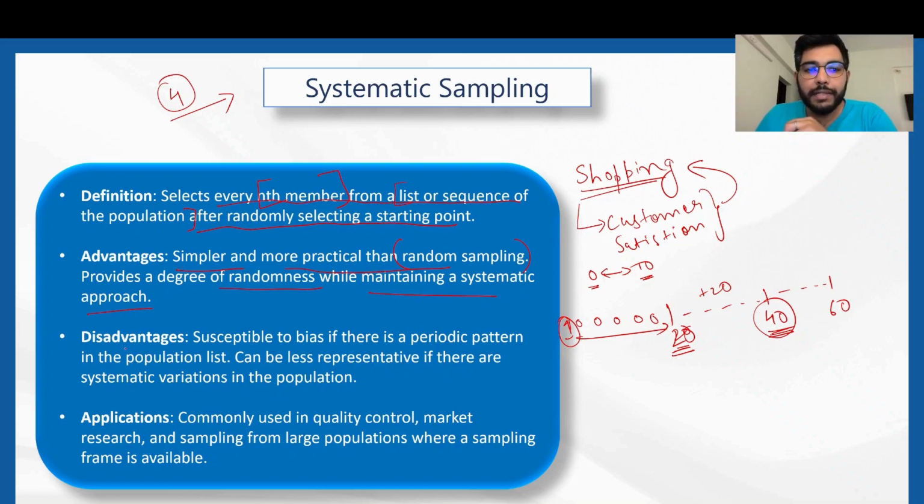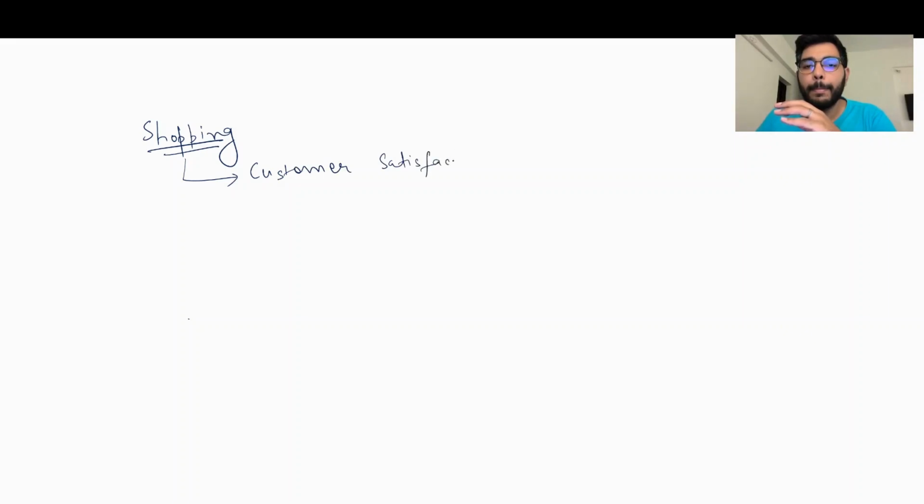The disadvantage of systematic sampling is it is more prone to bias if there is a periodic pattern in the population list. Let's try to understand it with the same example. Let's say I have opened a new shopping complex, and I want to get the customer satisfaction score, which ranges between 0 to 10.